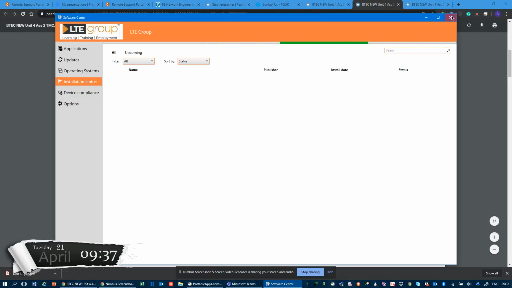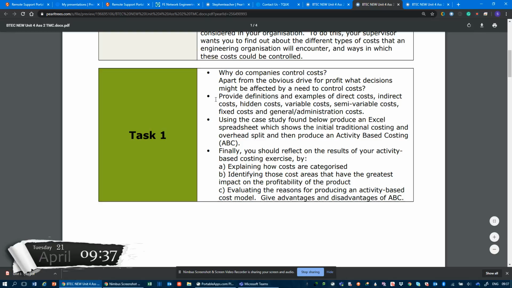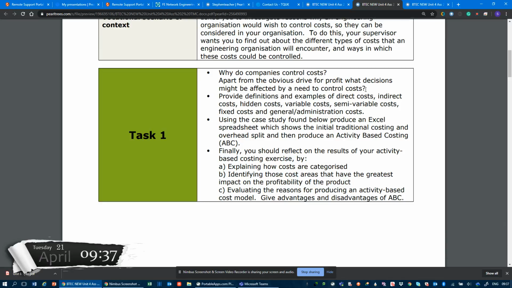So apart from the obvious drive for profit, what decisions might be affected by a need to control costs? So things like investment in new machinery, employing new staff, where your premises are. Obviously it's going to be more expensive to have premises in London than it is in, I don't know, Carlisle.